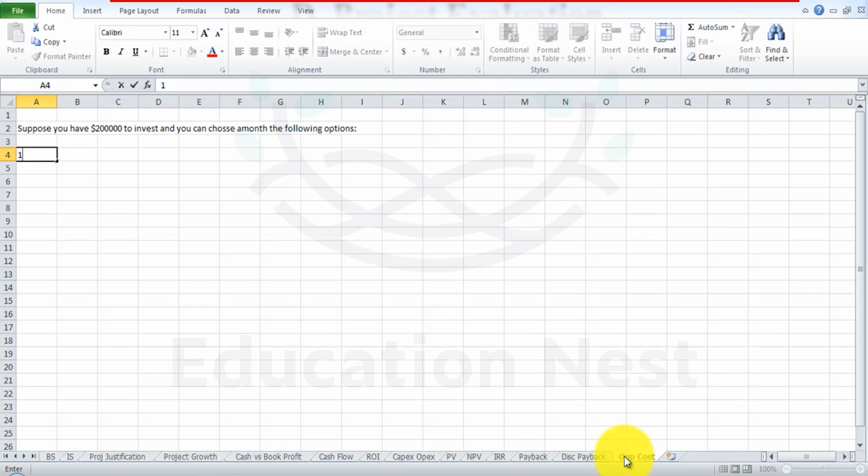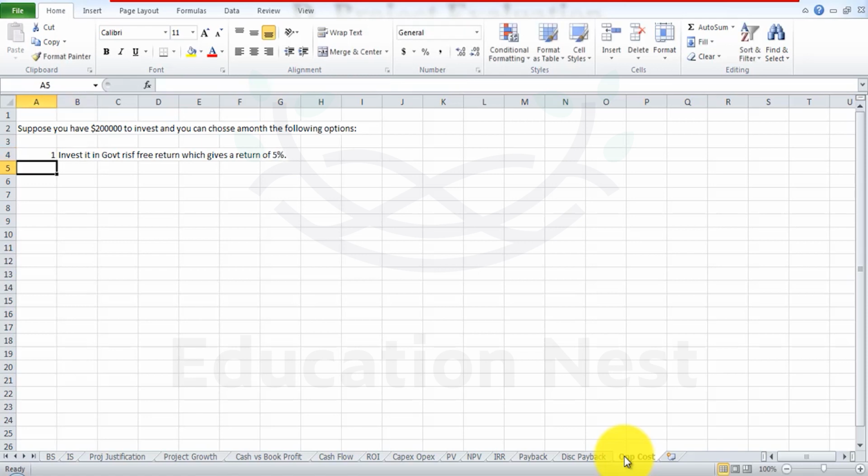Okay, one is to invest in a government risk-free return scheme, which gives a return of say 5%.